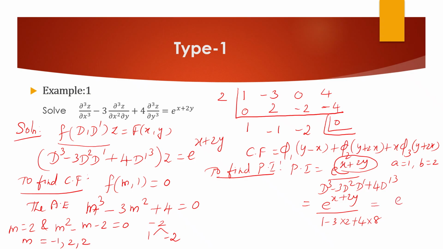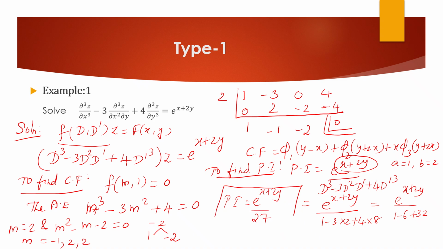From this we get e power x plus 2y by 1 minus 6 plus 32, and it is equal to 27. So the particular integral is e power x plus 2y by 27.